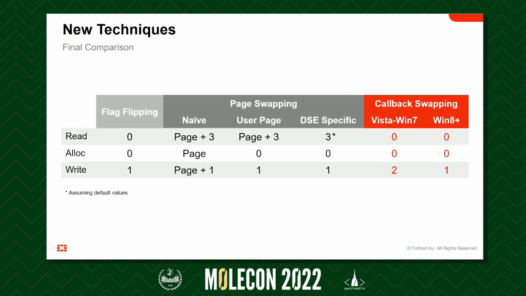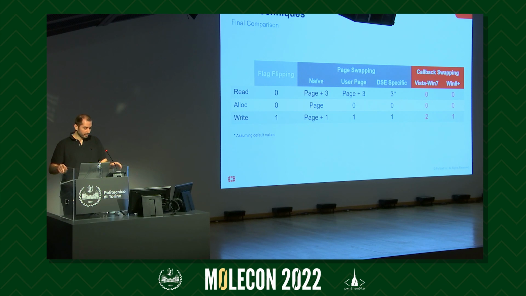So one last slide to compare all the techniques. Basically, we can see that callback swapping, at least from Windows 8, works pretty well, and it's quite the same as the current technique in the wild.